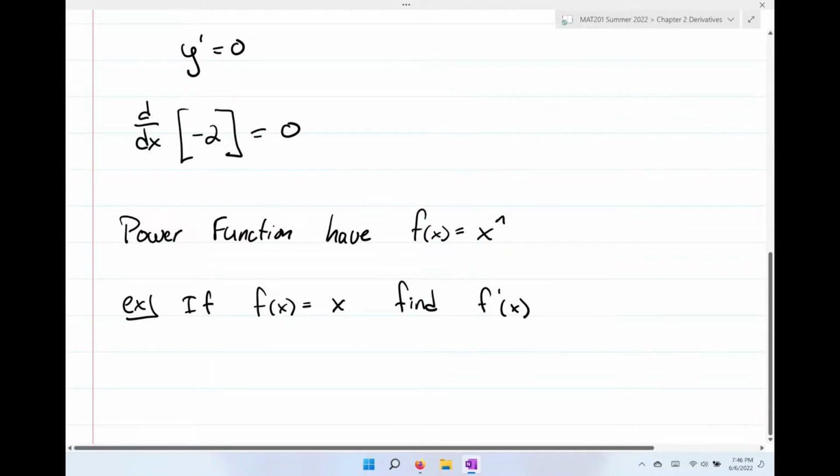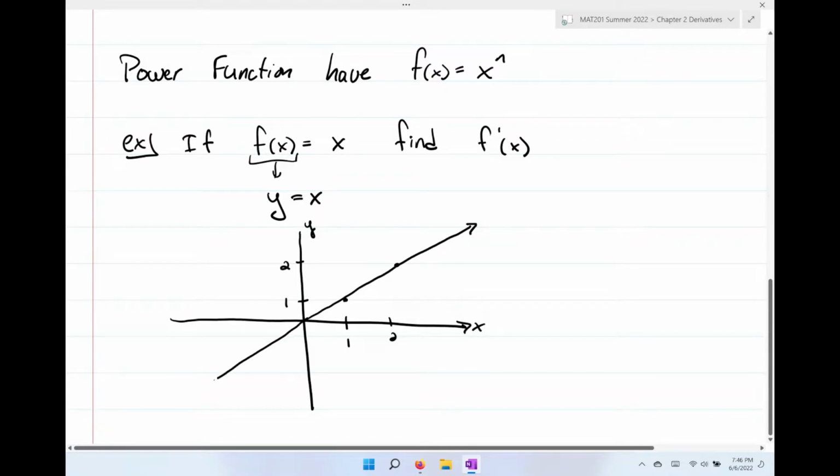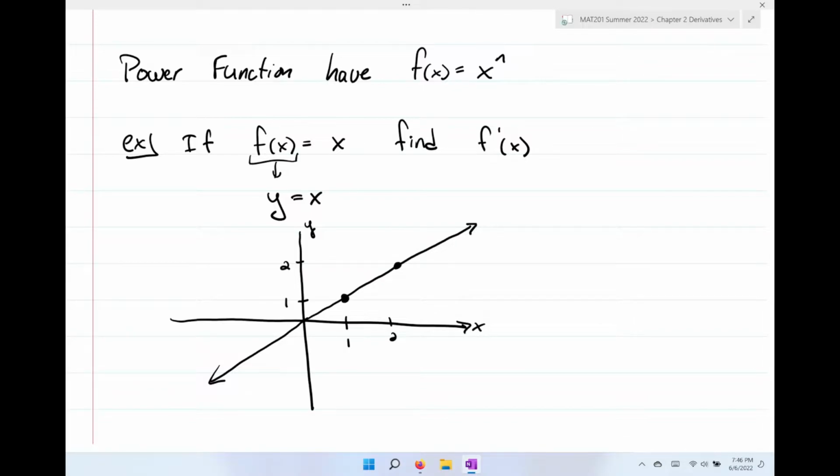Well, once again, we're going to rely on our intuition here. Remember, f of x is just really fancy writing for y. So we have y equals x. We know that if we were to graph that, this is nothing more than a line that crosses through the origin where every value of x is the exact same value as y.